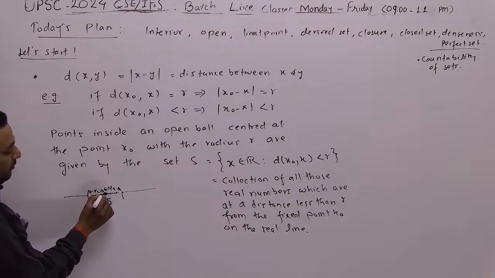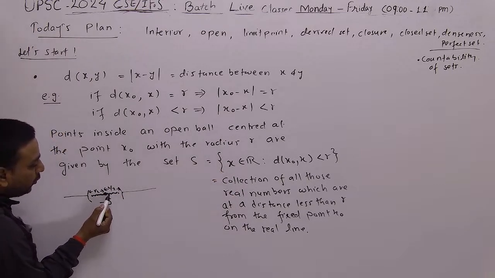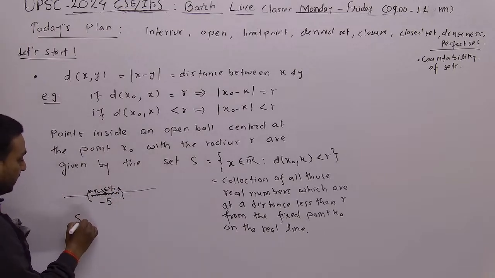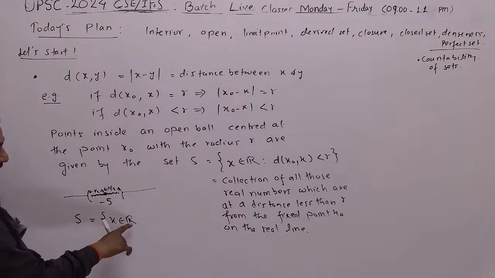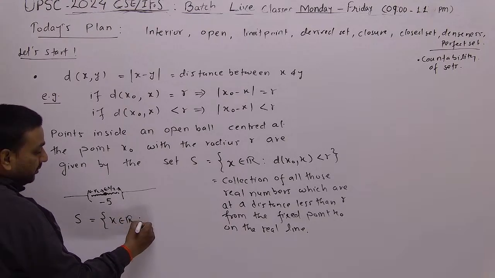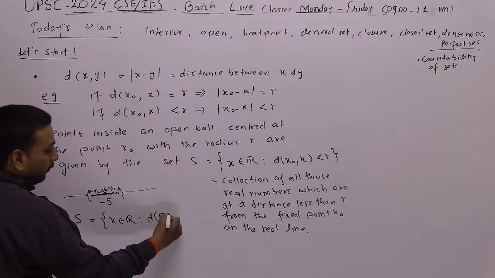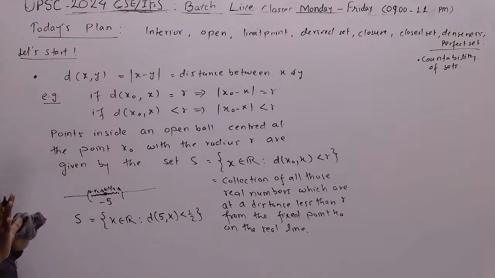So here S denotes all those real numbers x for which d of 5, x is less than 1 by 2.